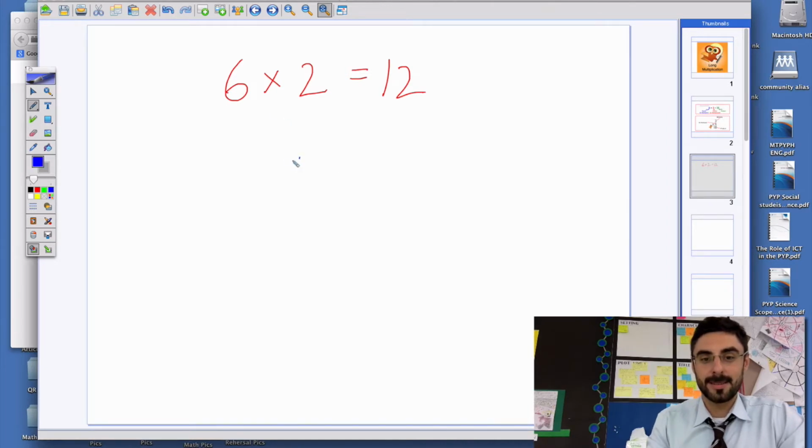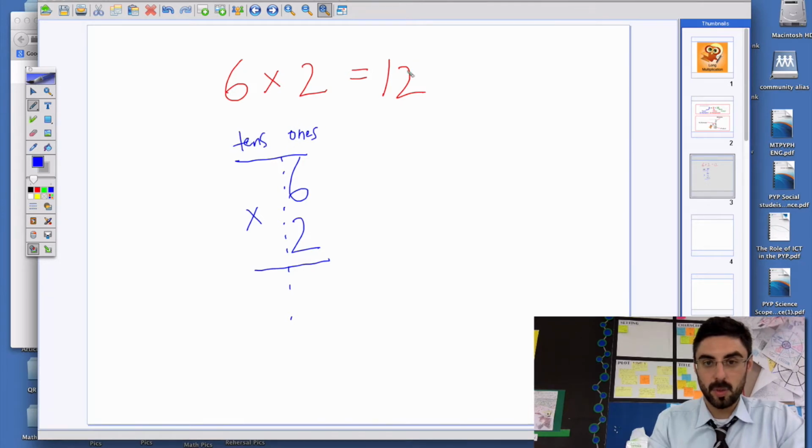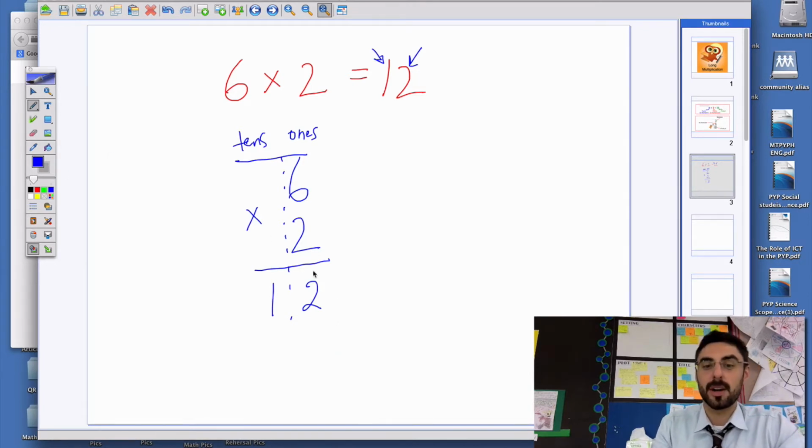We could say 6 times 2, and the answer is going to be 12. So I'm going to start, because remember, this is my ones column, and then this is my tens, okay? So 12, these would be my ones, these would be my tens. So I would write my ones first, 2, and then the tens would get the 1 here. There you go, and that's how I would write the product of this equation, okay?